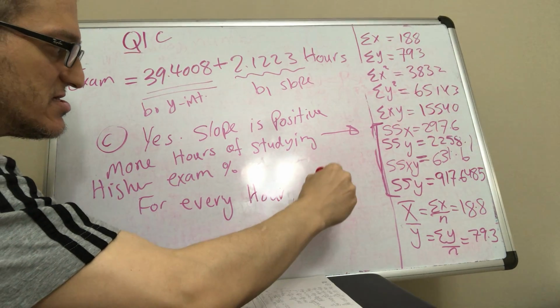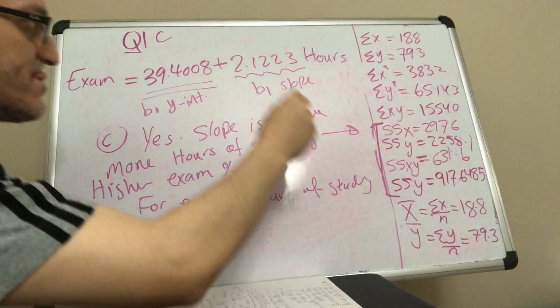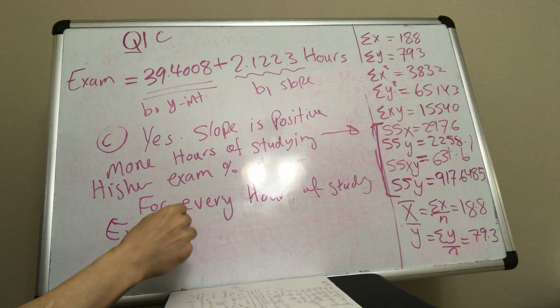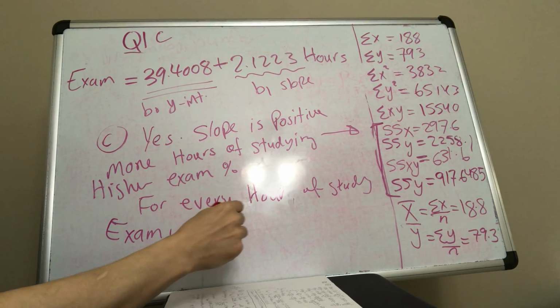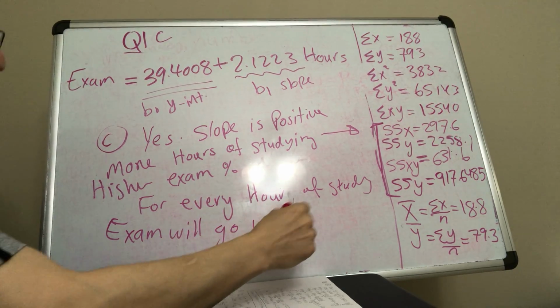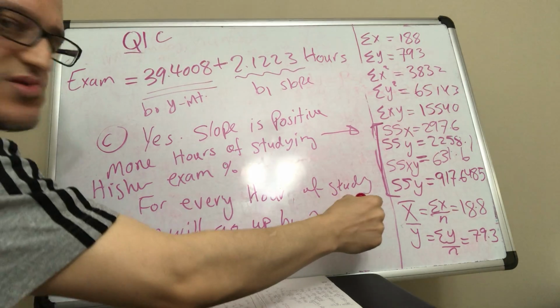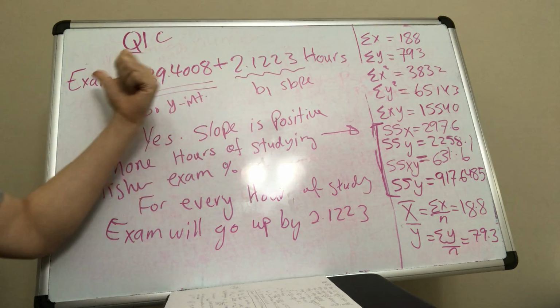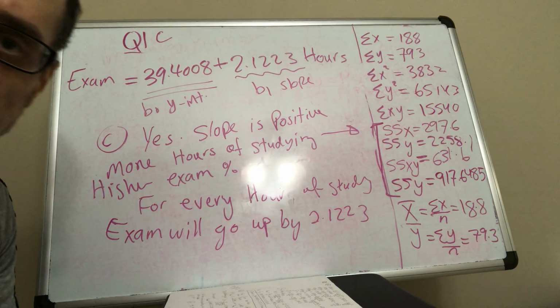In fact, for every hour of studying, exam percentage will go up by 2.1223. So that's the meaning of this number. For every hour, exam will go up by 2.1223.